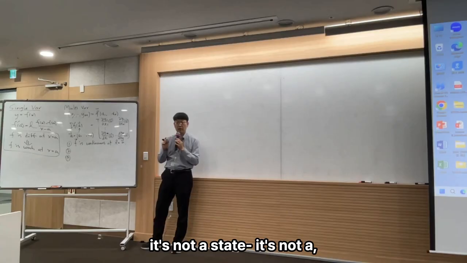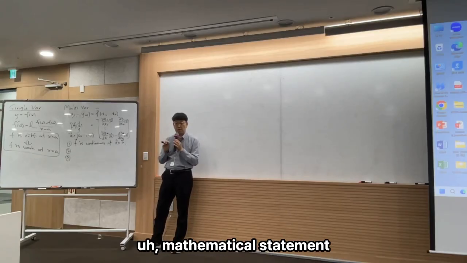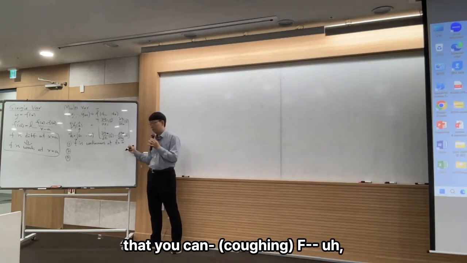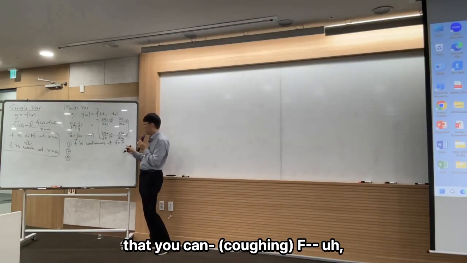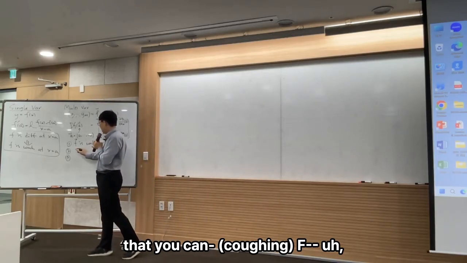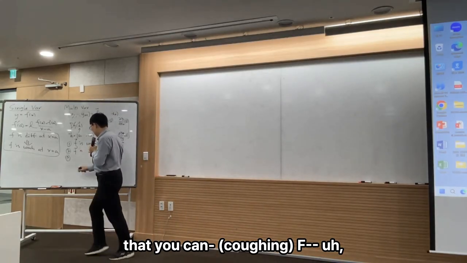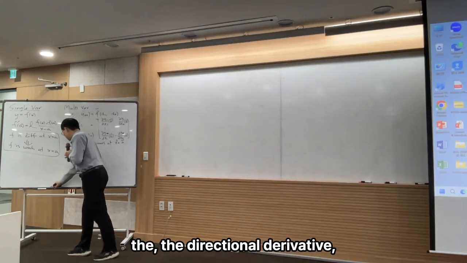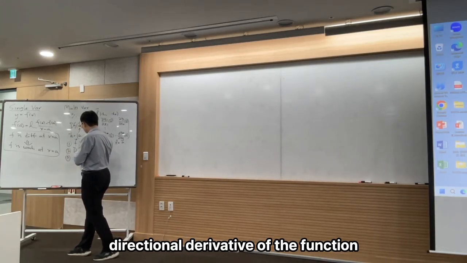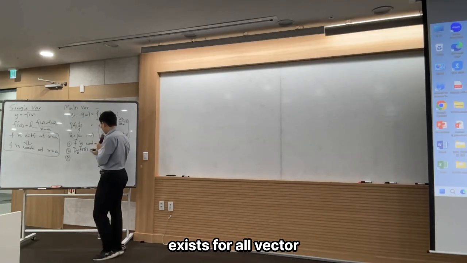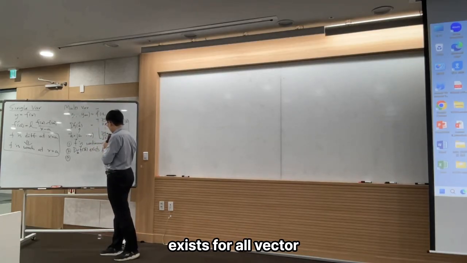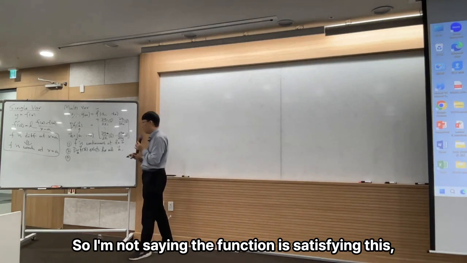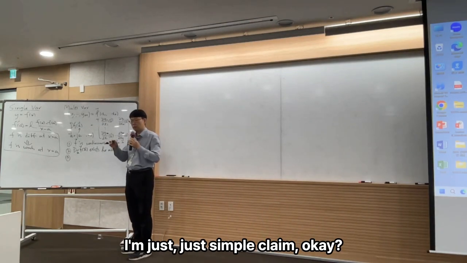It's not a mathematical statement that you can prove to be true or false. It's just a claim. Okay, and the second claim: the directional derivative of the function exists for all vectors u. So that's a second claim. I'm not saying the function is satisfying this. It's just a simple claim.